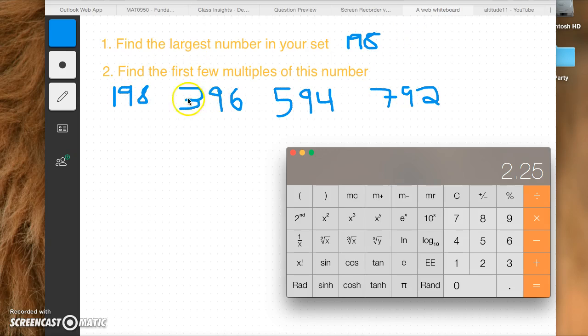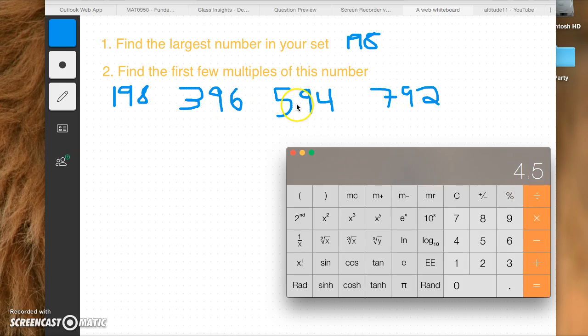So let's jump to this next number here of 396. Obviously, it's a multiple of 198 because we got it by multiplying 198 by 2. Let's see if 396 is a multiple of 66. And it is. Very good. Let's see if 396 is a multiple of 88. 88 foiled us again.